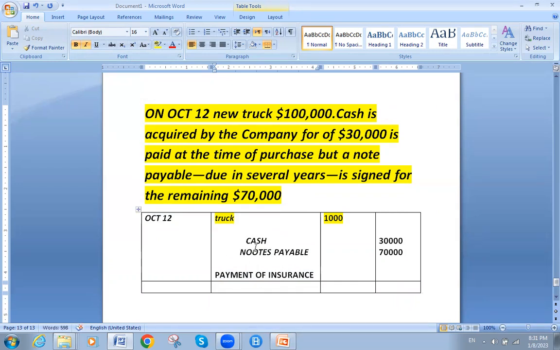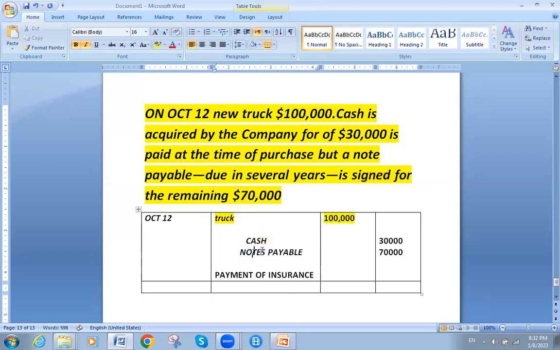So here from the truck to cash and notes payable. The truck is 100,000. This is the price of the truck. And to cash 30,000, because we paid cash for 30,000, and 70,000 we signed. The word signed means that you write notes payable.